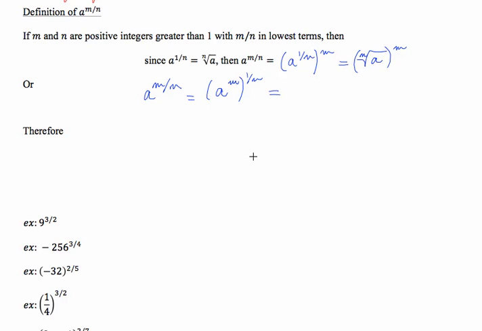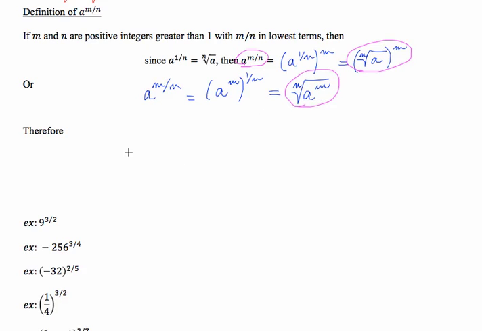If we write it this way and then convert the 1 over n to a radical, we end up with the nth root of a to the m, where a to the m is all on the inside of the radical. So there's actually two ways to express this rational exponent. We can write it like this with the radical, or like this with a radical.